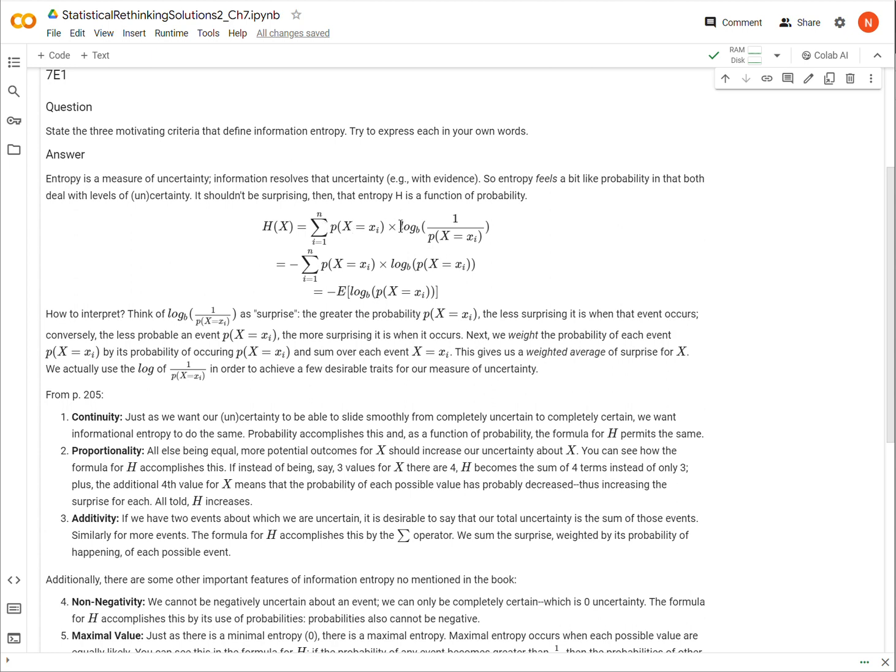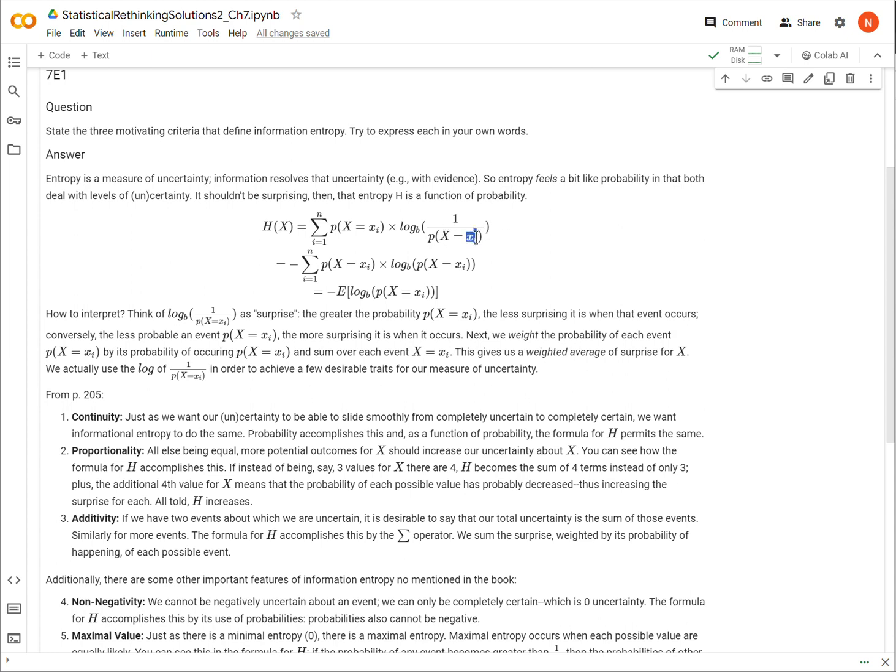And so for this first pass, we're going to ignore the logarithm, okay? So let's just look at this parenthetical term here. We have 1 over the probability that x equals some value, little xi, okay? And so we can think of this term as being surprise. So think about this.